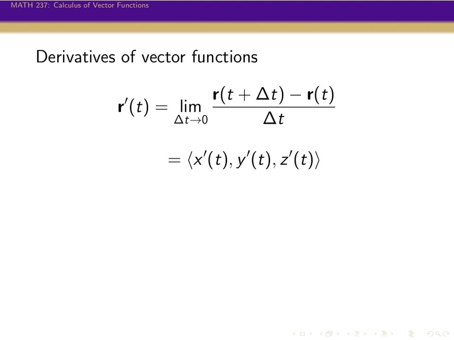And then once we can do one derivative, then we can immediately go and do as many derivatives as we want. So then what's r double prime of t going to be? Well, it's just going to be all the second derivatives.